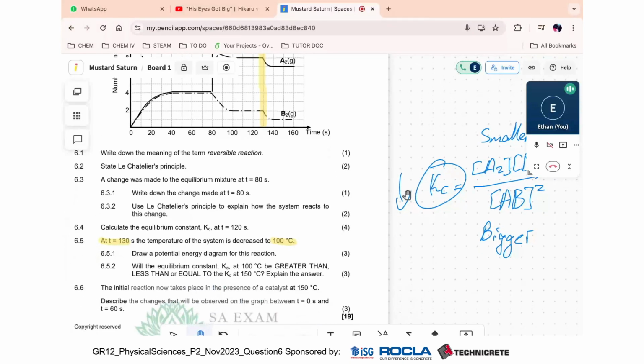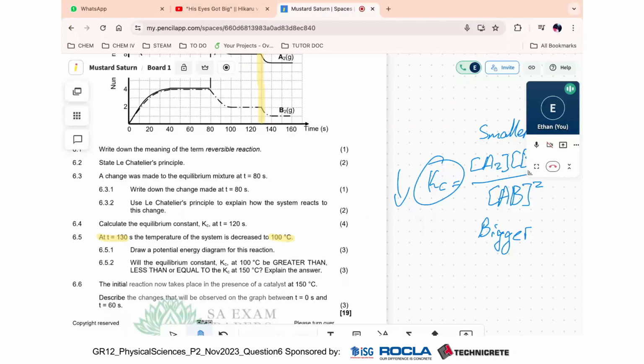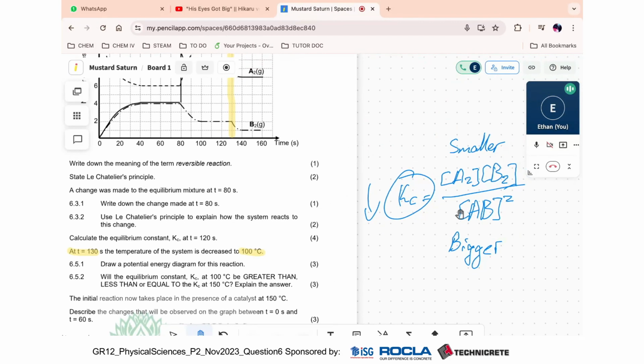You can just see that Kc will be smaller, and then you can explain the answer. So simply, products B2 and A2, their concentrations decrease, and the reactant AB, its concentration increases, and that's good enough to figure out that actually Kc will decrease at 100 degrees.